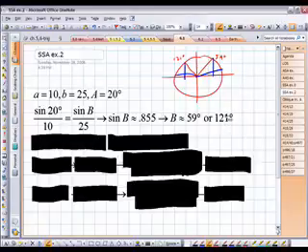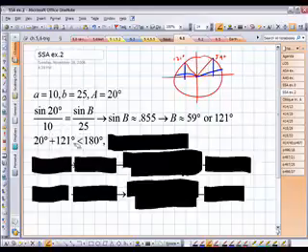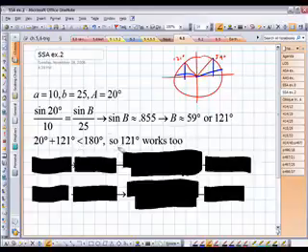So we have this possibility too, 121. Now, do both of these work? Well, if I use the 121, I have 121 plus this original 20. That's still less than 180, which allows there to be 2 triangles because there would still be degrees left over for your remaining angle, angle C.